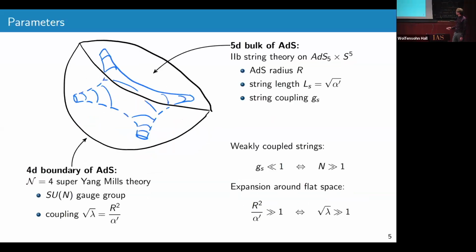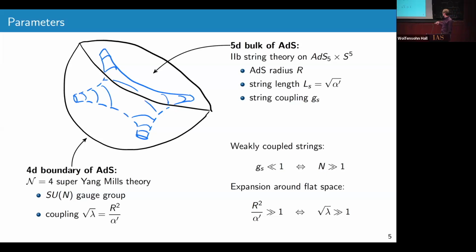Okay, part 1. Let's talk about the parameters of the theory. In AdS, we have the AdS radius, the string length, or equivalently alpha prime, and the string coupling. And in the boundary theory, we have the rank of the SU(N) gauge group and the 't Hooft coupling, which is related like this to the AdS parameters. And we will talk about the weakly coupled process.